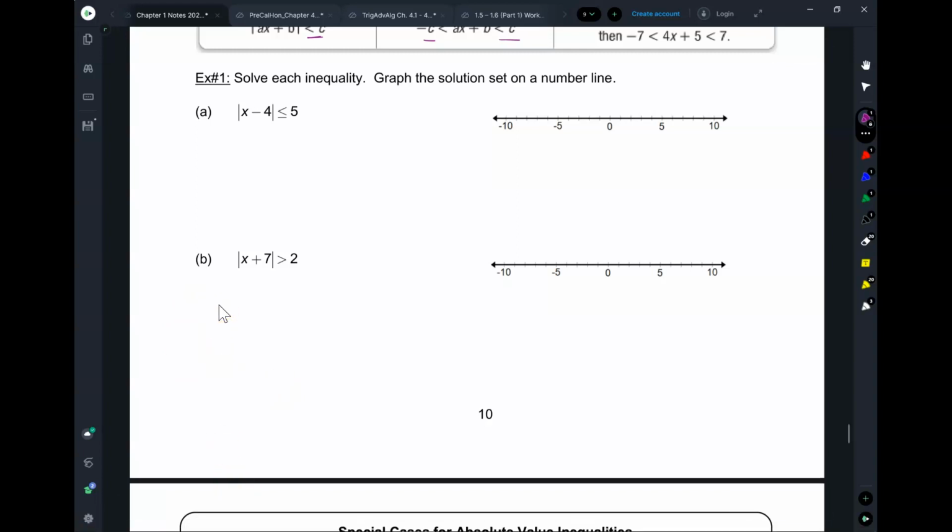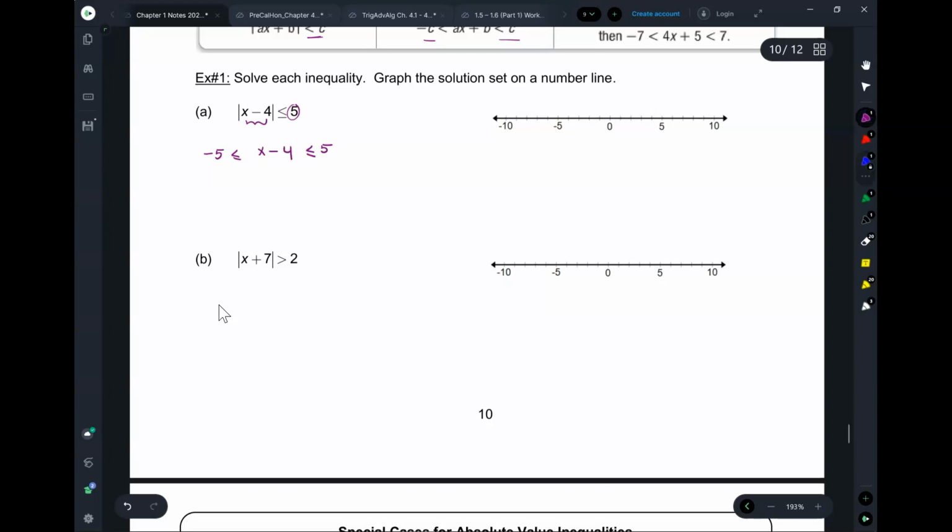So take a look here. You have |x minus 4| less than or equal to 5. Less than or equal to means you want the distance to be less than 5. So I have this number 5, right? So I have negative 5 less than or equal to, less than or equal to again, 5. And in the middle, I put whatever's in the absolute value.